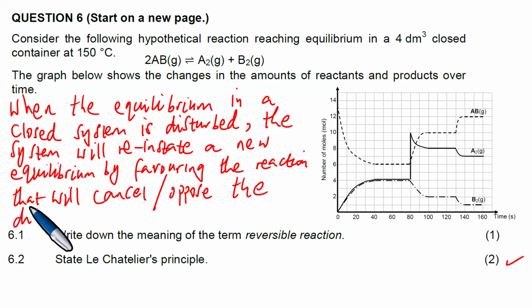This is Le Chatelier's principle. When the equilibrium in a closed system is disturbed, the system will reinstate a new equilibrium by favoring the reaction that will cancel or oppose the disturbance. Learn it and memorize it. Next question.